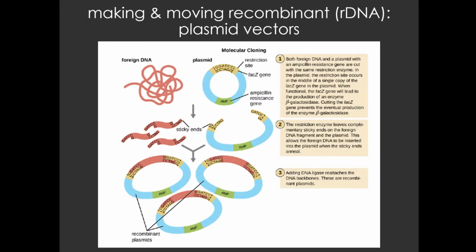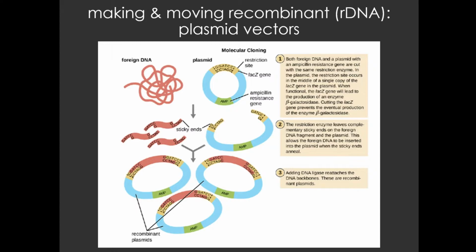Now the question is, how do we get it into a cell, and how do we recognize that that cell actually has the gene of interest in it? Because we don't want to just assume that all of the bacteria that we've exposed to this recombinant plasmid have all been recombined. We need a way to select for the recombined cells.